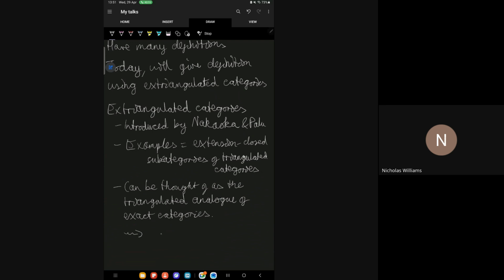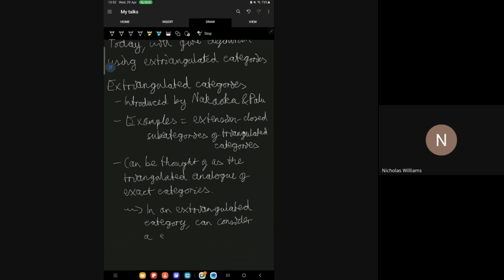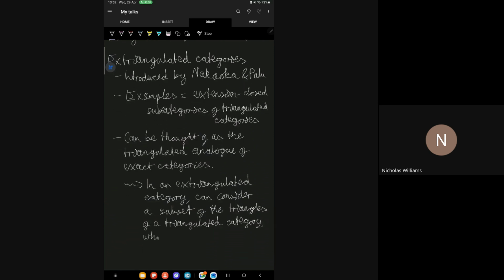And similarly in extriangulated categories, we can consider a subset of the triangles of a triangulated category, which gives the extriangulated structure.